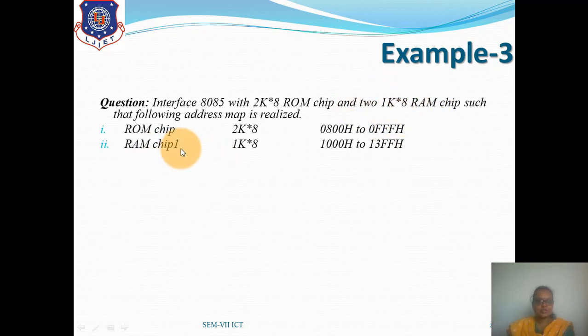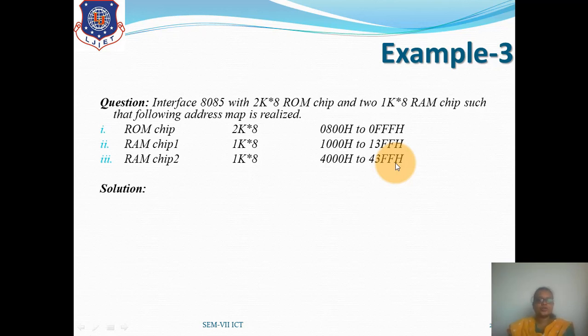RAM chip 1 is 1K x 8, starting from address 1000H to 13FFH, and RAM chip 2, with the same memory size of 1K x 8, has starting address 4000H to 43FFH. Now we are going to interface these three with the help of the starting address and ending address.